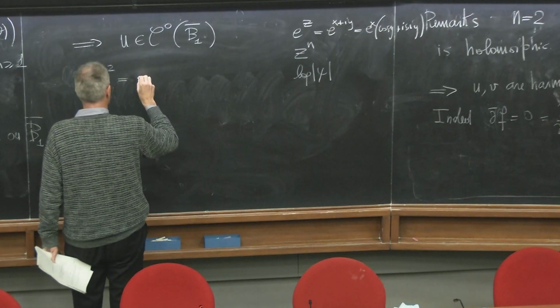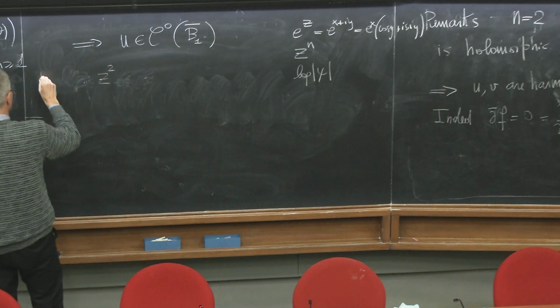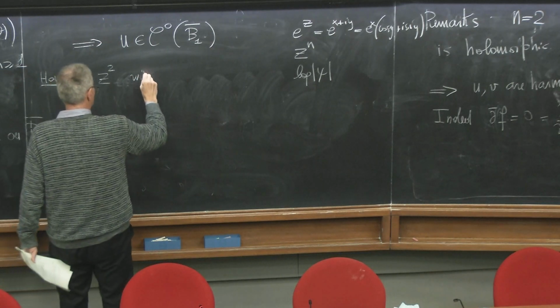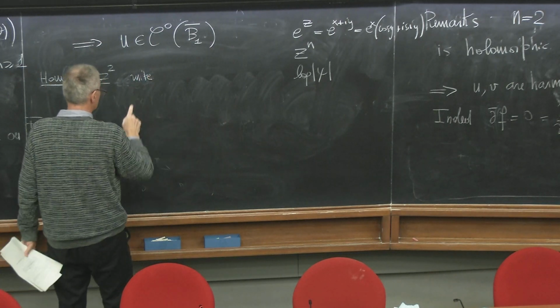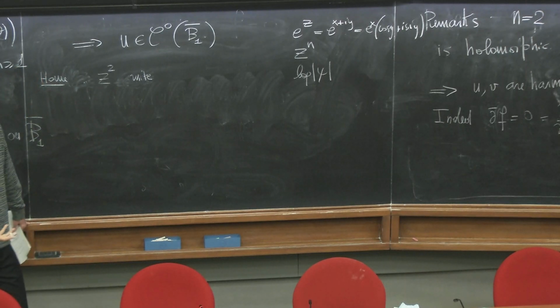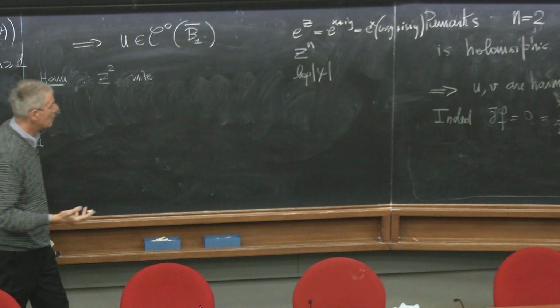Exercise at home: write the real part and the imaginary part, which are real homogeneous polynomials of degree two.